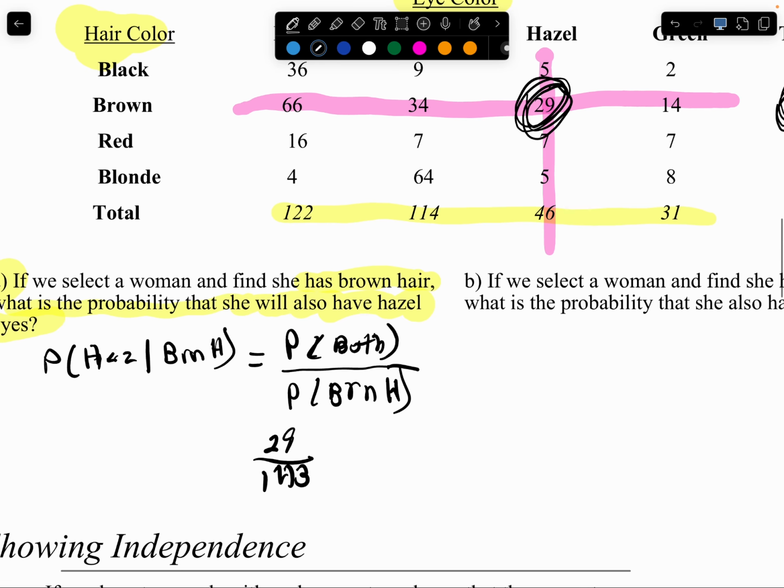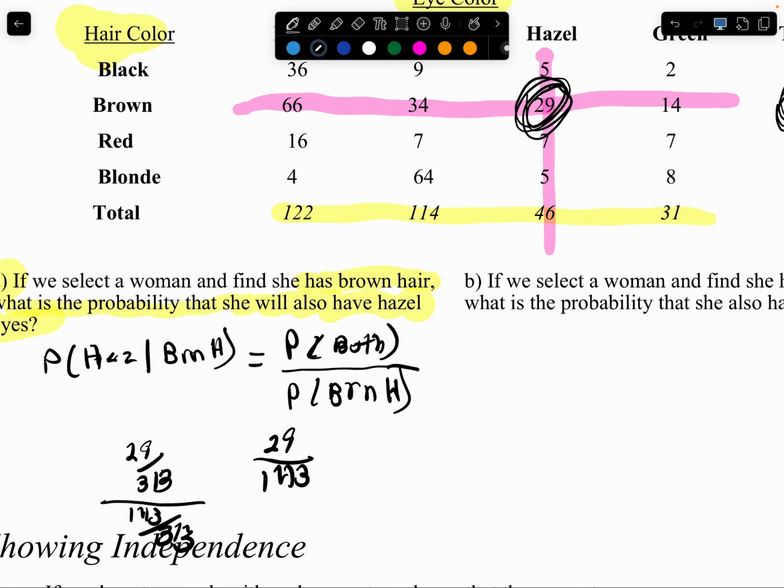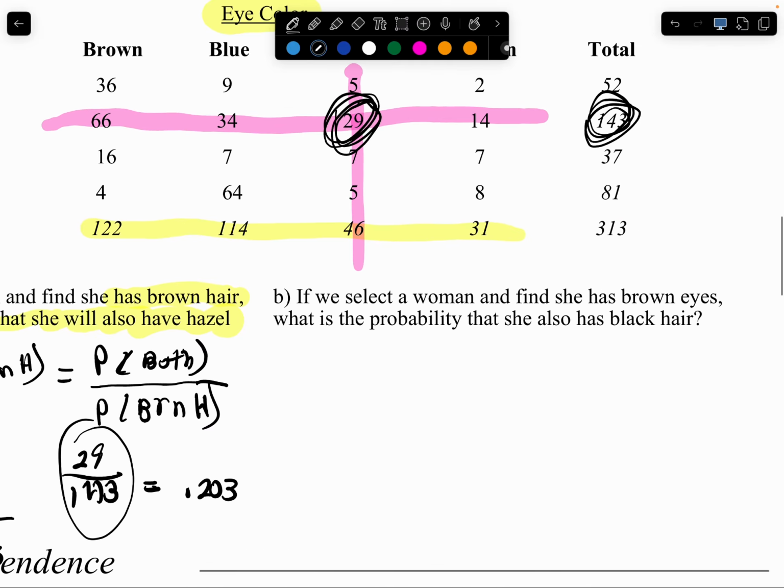Technically, you should have 29 over 313 over 143 over 313. But the 313s are going to cancel out. So you end up with just that, which is point what? 203. You should try it out, make sure on your calculator.